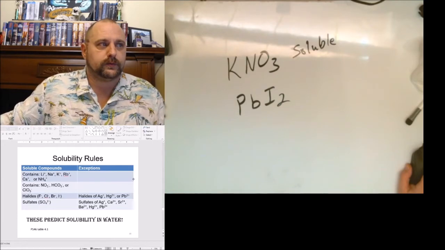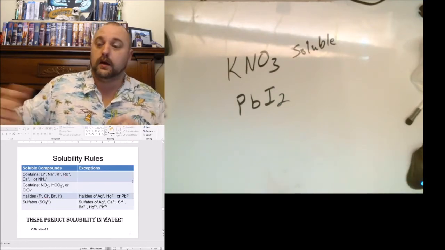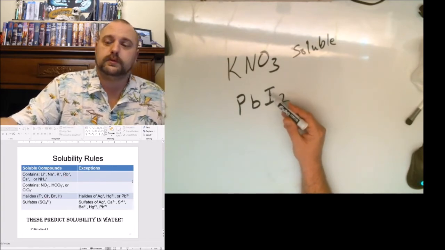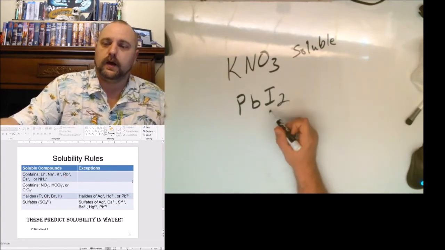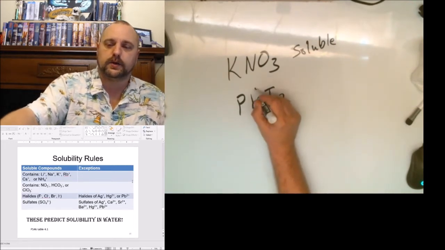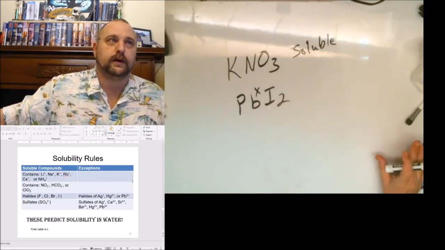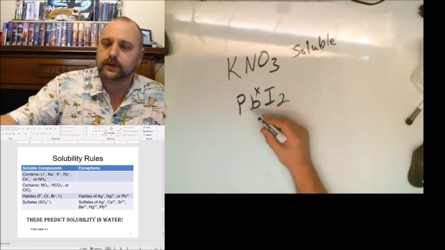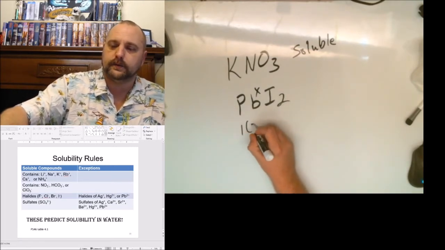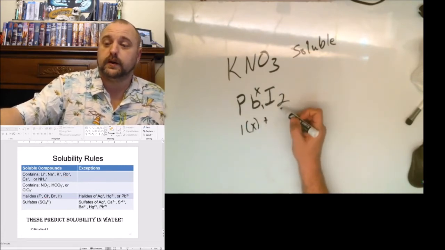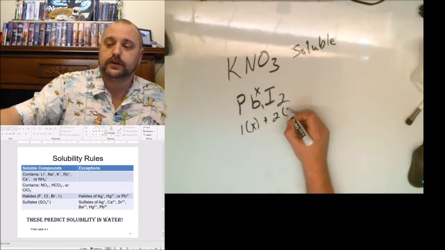And sure enough, on the third rule, it says halides are my halogens with negative charges, that they're soluble unless they're with silver 1, mercury 2, or lead 2. So I need to check the charge on this lead to figure out, hey, is this soluble or insoluble? So subscript times charge plus subscript times charge.